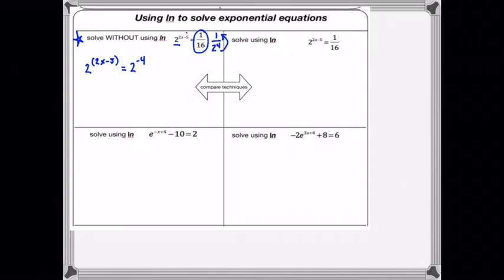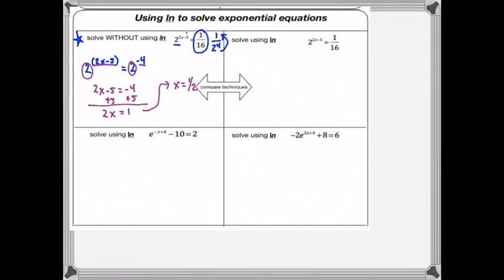And so therefore, now I can say, all right, since these bases are the same, the exponents must be the same as well. So I went 2x minus 5 equals negative 4. Add 5 to each side, and I got 2x equals 1, and then at the end of the day, x equals a half.